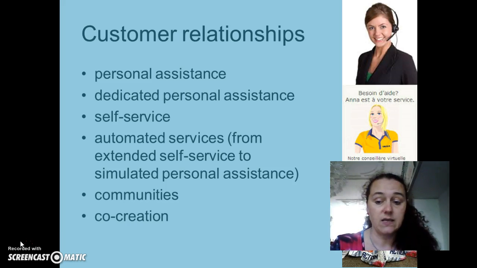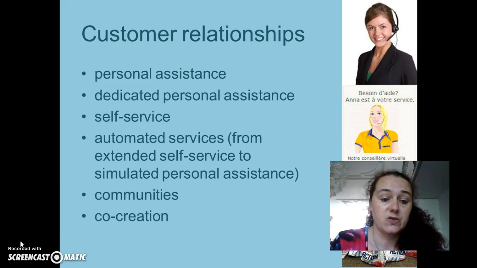Then there's communities, more and more, for example banks. I'm in a community at my bank. For example, the Action also has a very large community on Facebook, where you get help not from the side of the company, but from the community of people that use the service. So in terms of the bank, it can be starting a discussion or pointing people towards services.